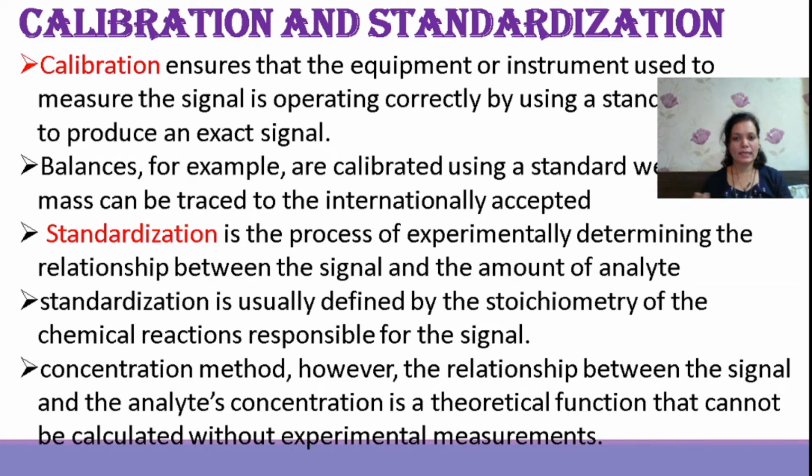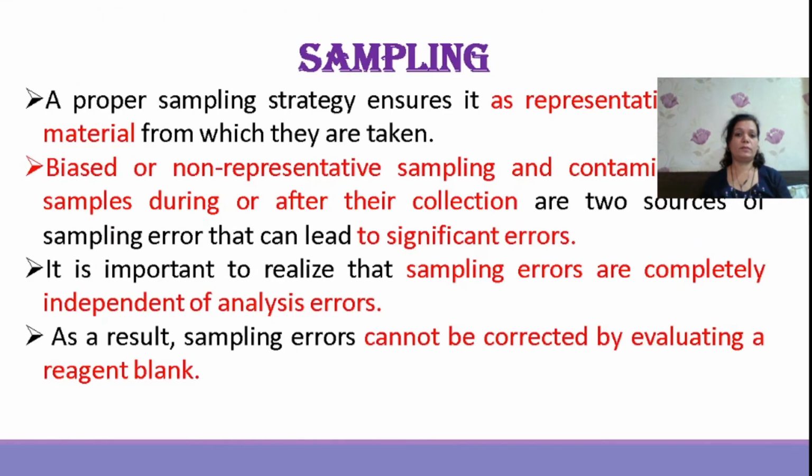If it is showing less or greater than that, you have to consider this error during your analysis. And standardization, just now I have explained, you have to standardize all the instruments for checking whether they are giving the signal properly for the known solutions.